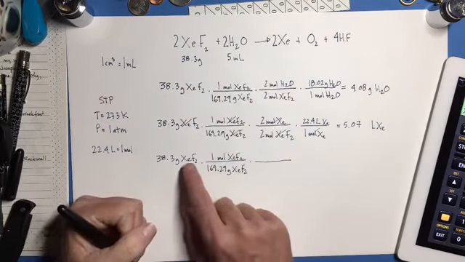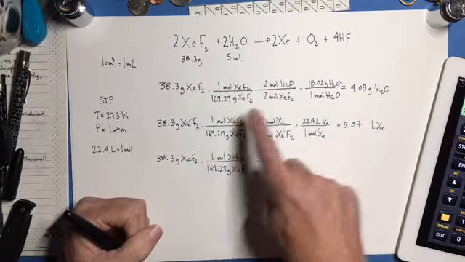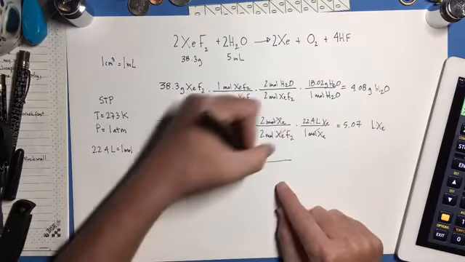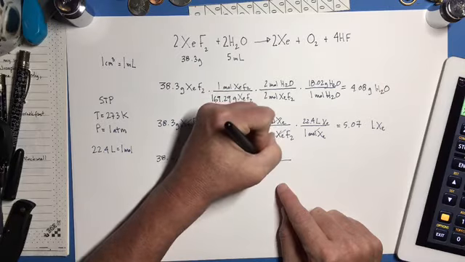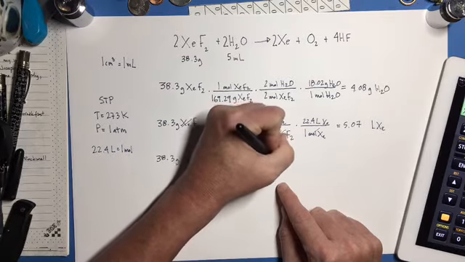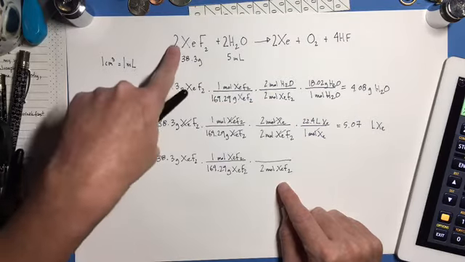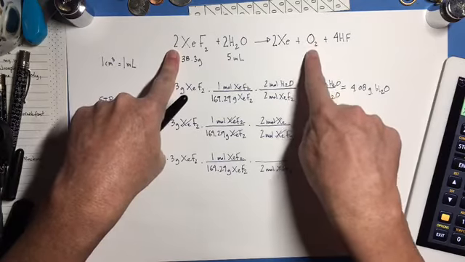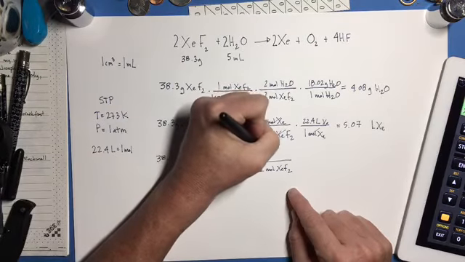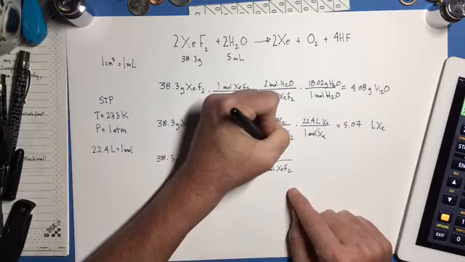Now I'm going to compare xenon difluoride to oxygen. So the balanced equation tells me that 2 moles of xenon difluoride is equivalent to just 1 mole of O2.